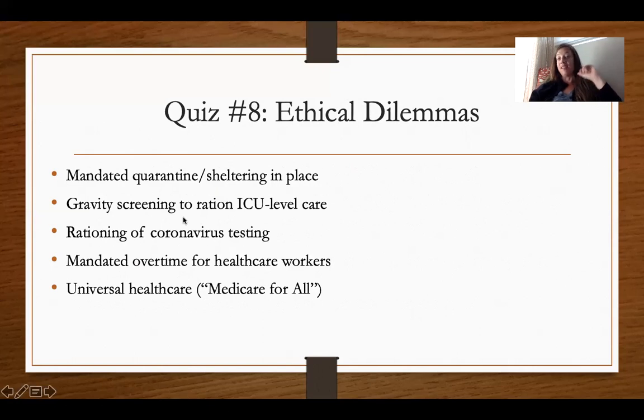So basically, he says they don't have a tool currently to screen for who is most likely to benefit from ICU level care, but they have had to, on the fly, decide, okay, this patient who's coming in sick with coronavirus doesn't have much life left or has too many comorbidities. We're not going to treat that patient so that we can save those resources for this younger patient with less health problems who's more likely to survive.